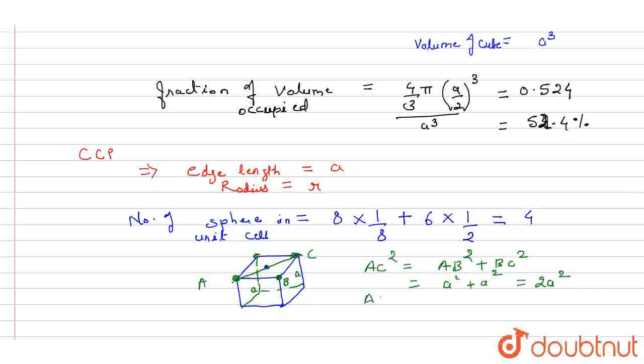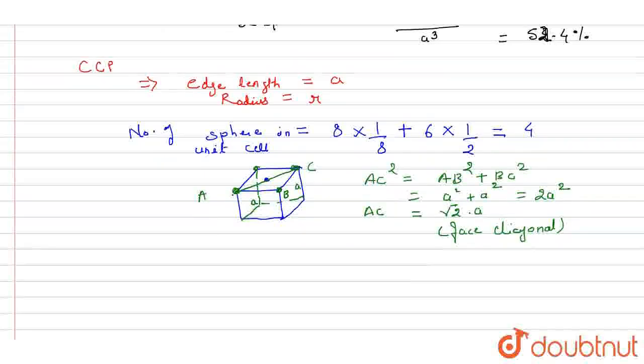So AC is equal to root 2 into a. This is nothing but the face diagonal. Now, as evident from the figure, this AC is equal to 4r.